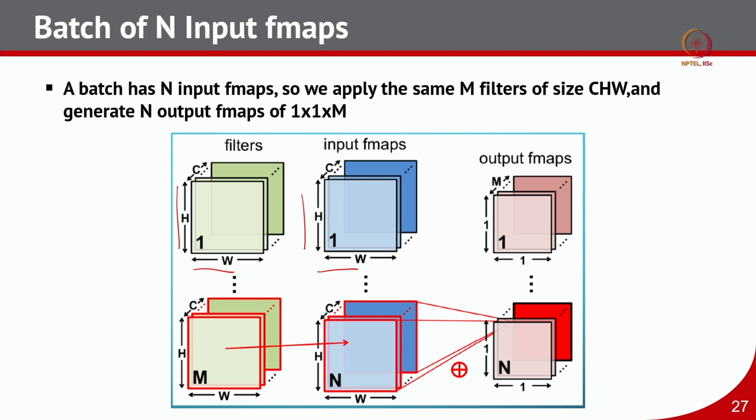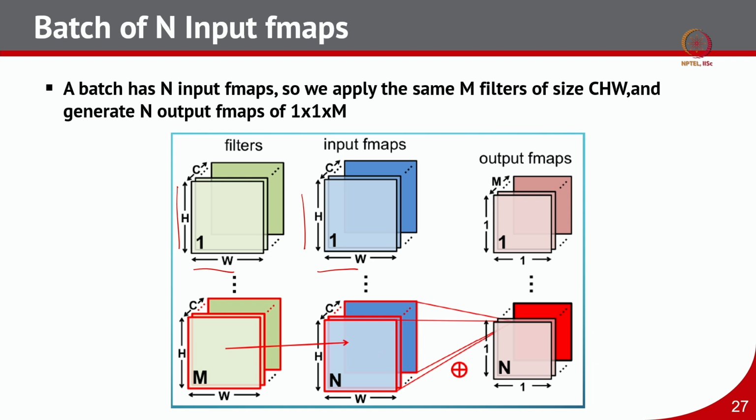Now, imagine you have a 3 by 3 image, or let us say 5 by 5 image. Let us assume that there is only one channel of that 5 by 5 image. Now, if you have a 5 by 5 filter, you will just overlap once and then get one output, correct. There is no way you can stride to the right or downward, right. So, that is the fully connected layer.